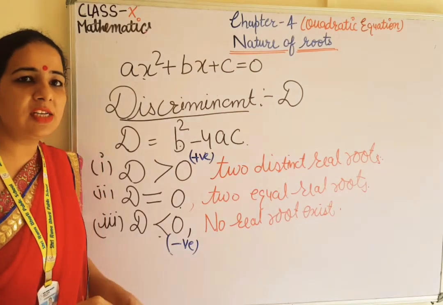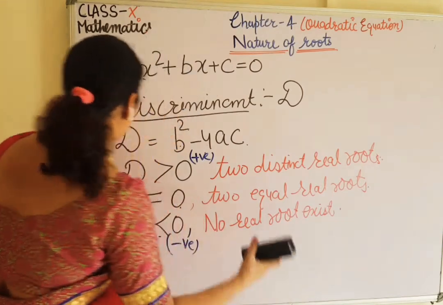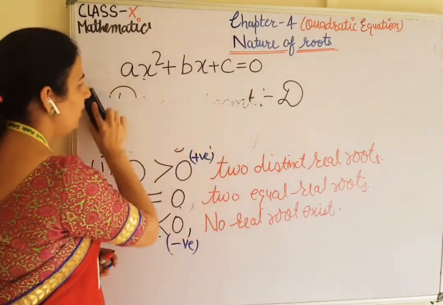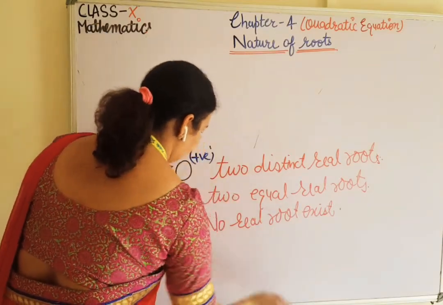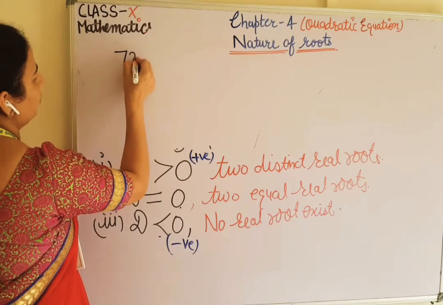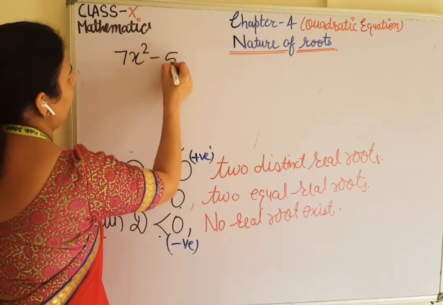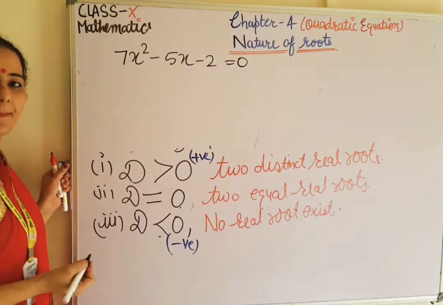Now the question is, how will we calculate the values of a, b and c? For that we can take one example: 7x² − 5x − 2 = 0. I just took this example randomly.